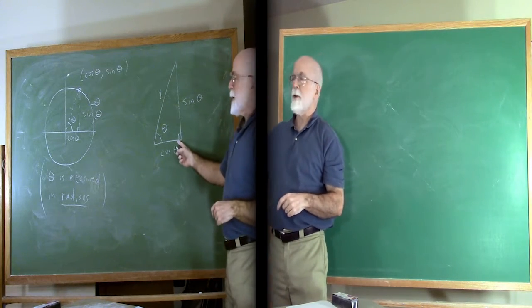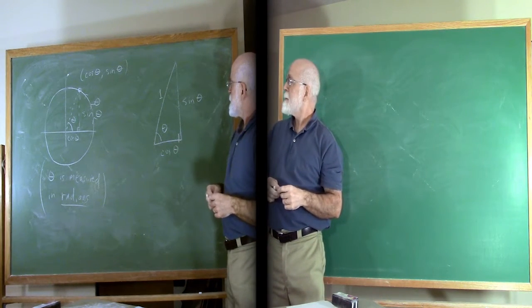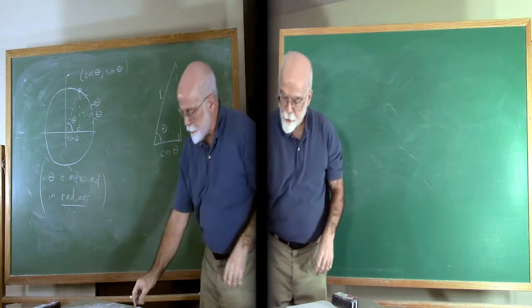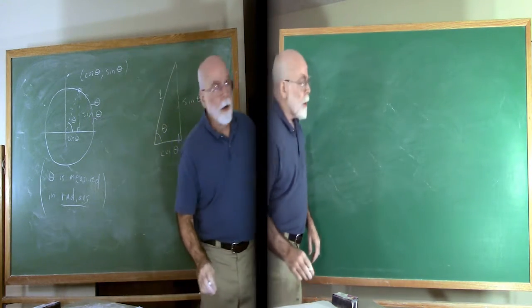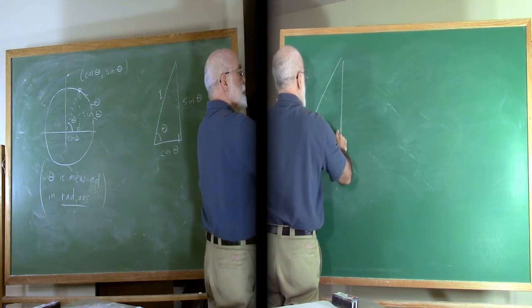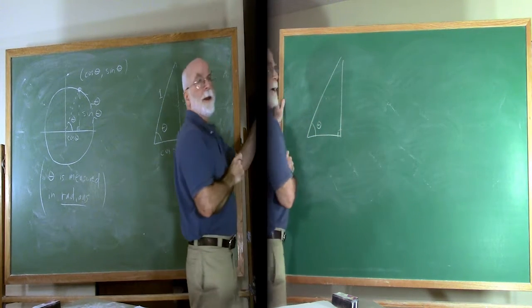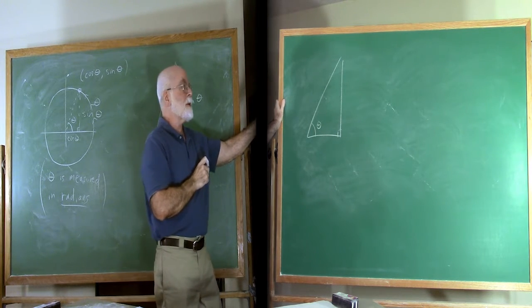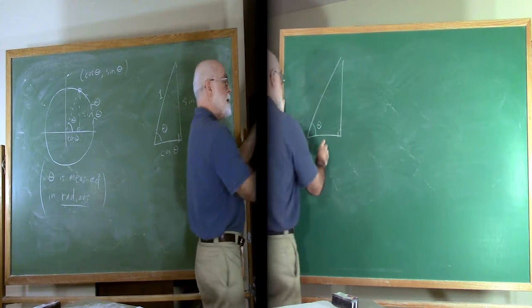Now, if we expand that right triangle, keeping all the ratios equal, so keep that angle there. That'll keep the ratios equal if you hold on to the same angle.